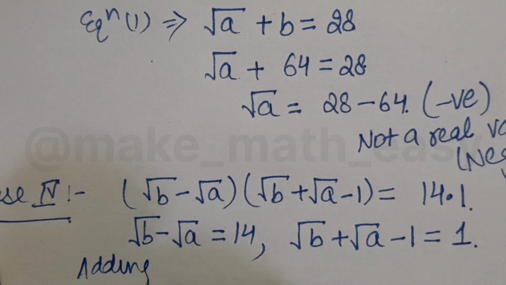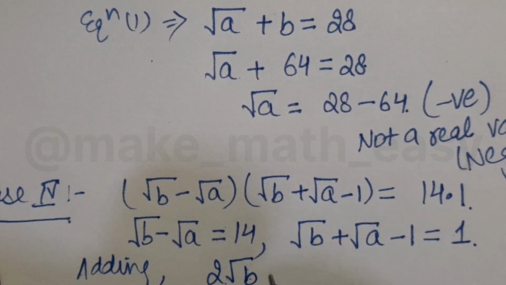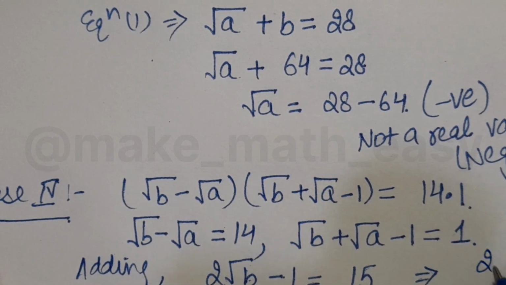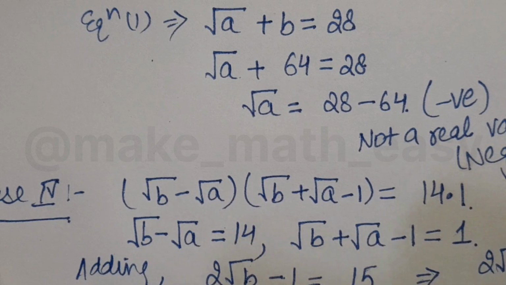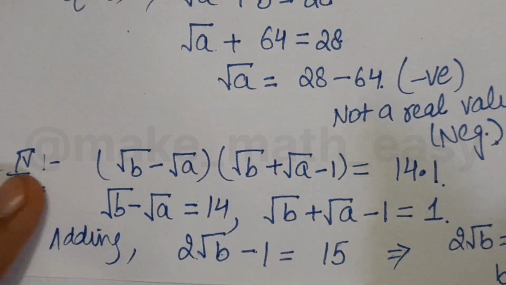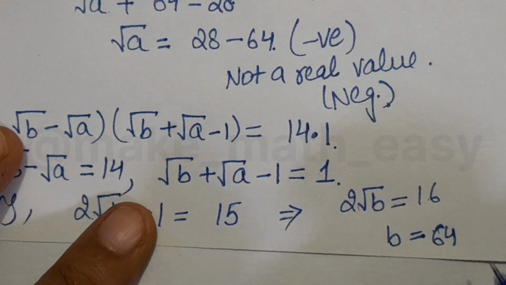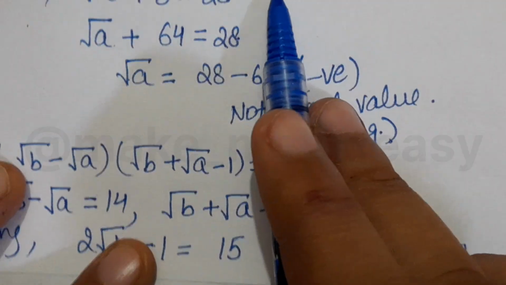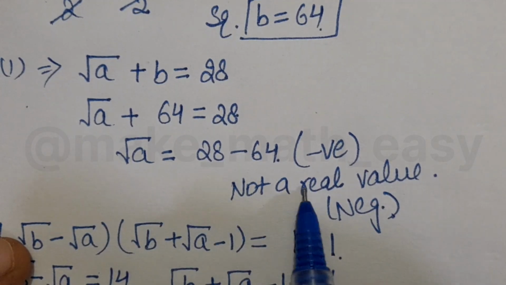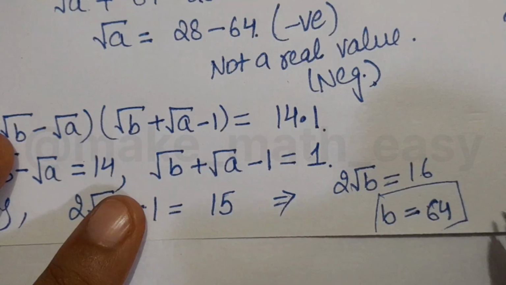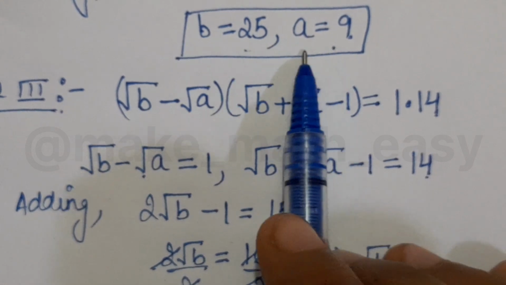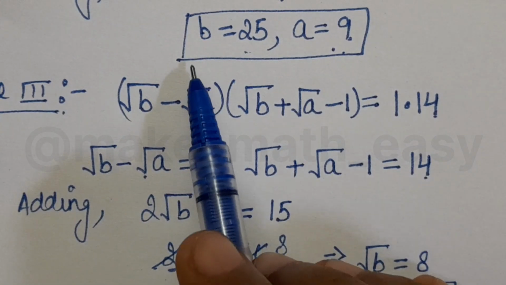Adding, 2 root b minus 1 equals to 15 implies 2 root b equals to 16 and b equals to 64, which is the same as the above case. If b equals to 64, then our value of a is negative, which is not real, so it is also neglected. So our real solution is a equals to 9 and b equals to 25.